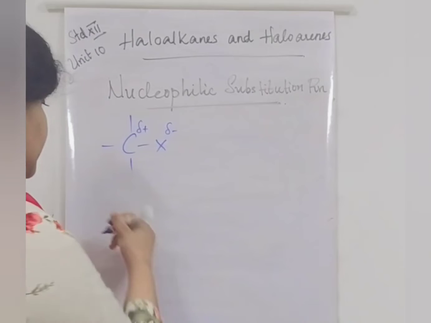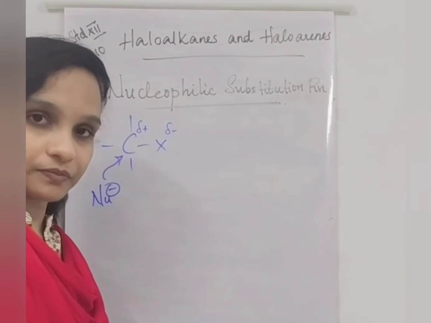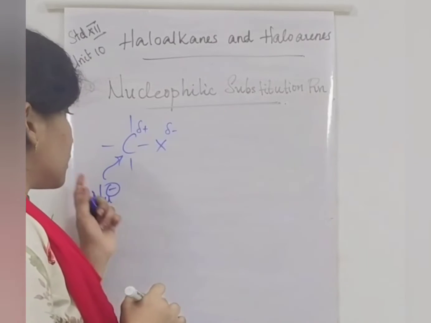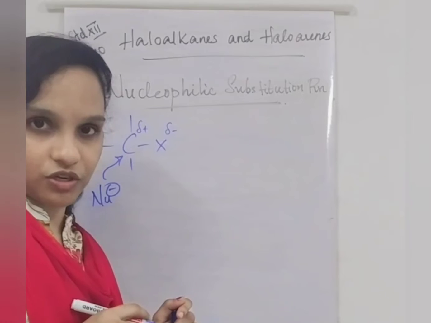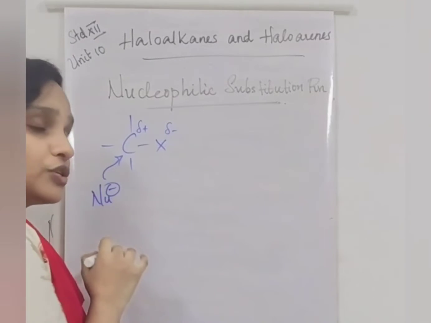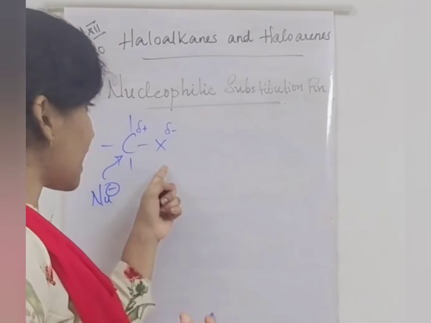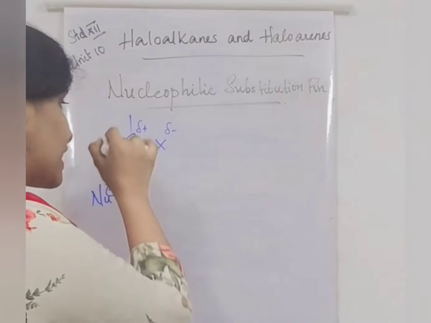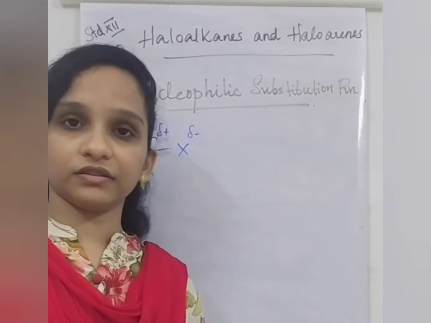So the nucleophile comes in and attacks this carbon, because carbon is carrying a partial positive charge. And the nucleophile must be stronger than the halide ion; only then can it attack this carbon atom. Now what is a nucleophile?